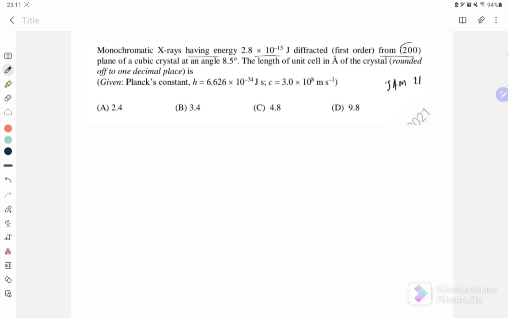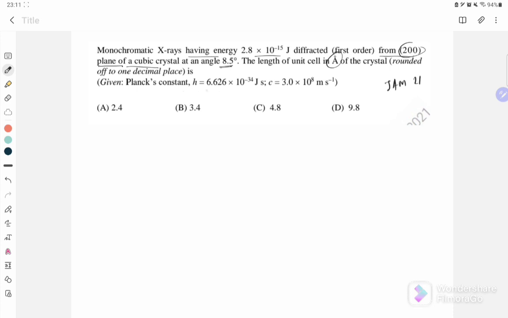This is a Miller index, I think you all know what a Miller index is, of a cubic crystal lattice. The angle theta is 8.5 degree, and we have to calculate the length of the unit cell in angstrom.